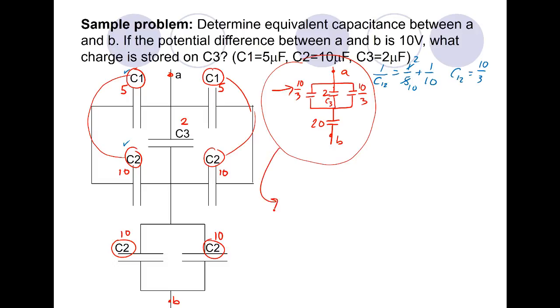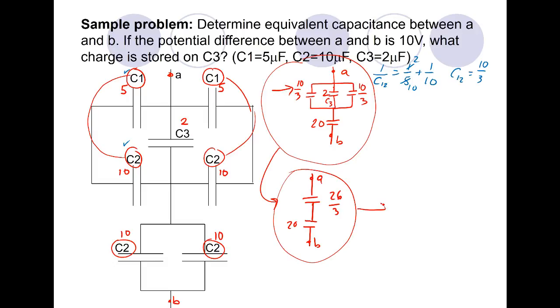And then the last step, well, there's 2 kind of last steps. We'll take these that are in parallel with each other, the 10/3, the 2, and the 10/3, and we simply add those up. So it's 20/3 and 6/3. So we have a capacitor here of 26/3, and that's point A. And then we have 20, and that's point B. So that's kind of our next step.